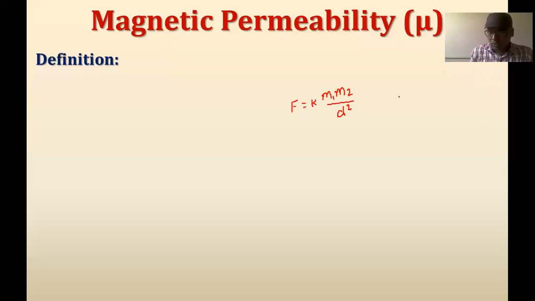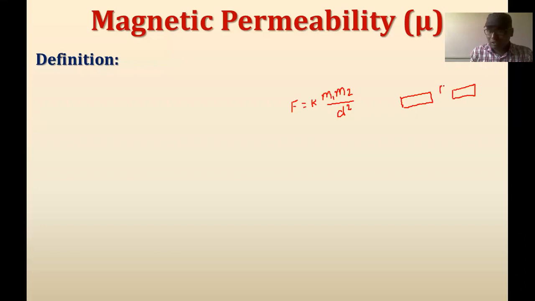But the two magnets are separated from each other, placed near to each other. It means these two magnets don't have physical contact between them. Still the force exists.